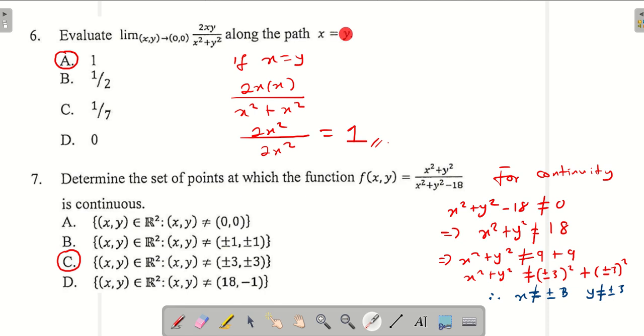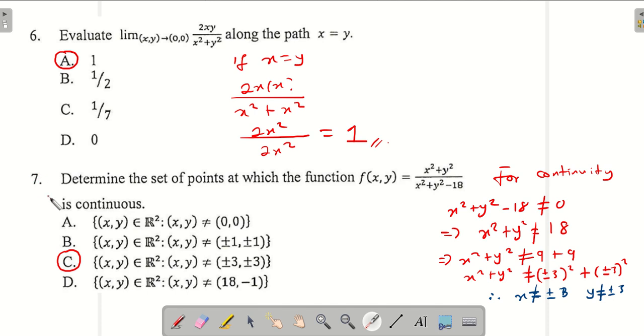What it means is that wherever you see y, you substitute x there. So you have 2x times x, then we have x squared here, then the y squared will become x squared. Now here becomes 2x squared, then here will also be x squared plus x squared is 2x squared, which can cancel out. So we have 1 as the answer.